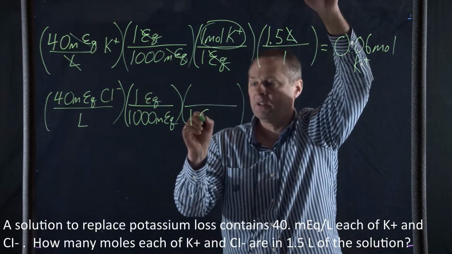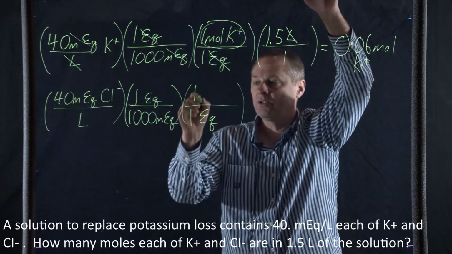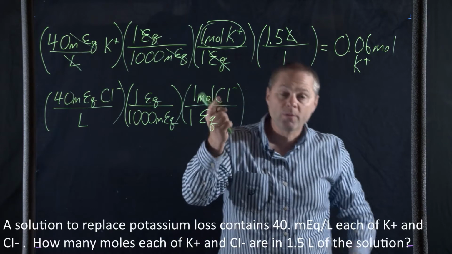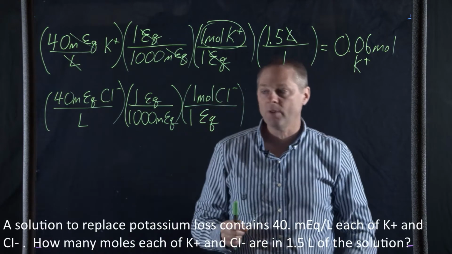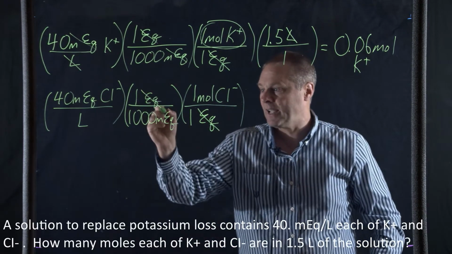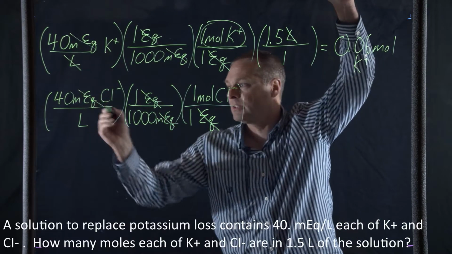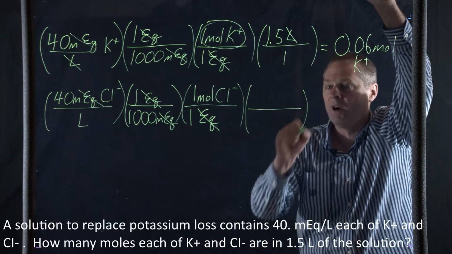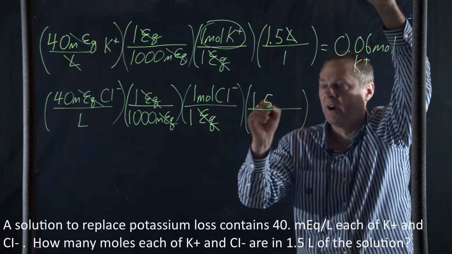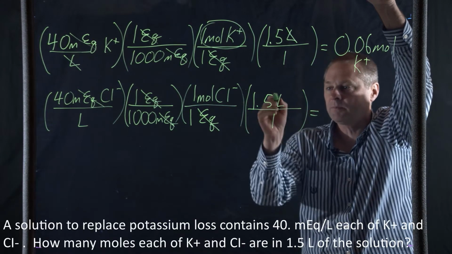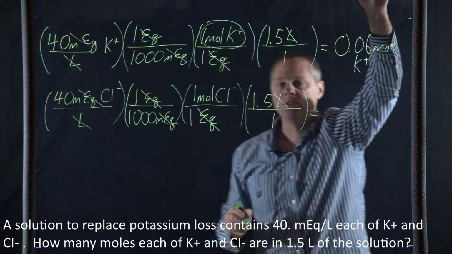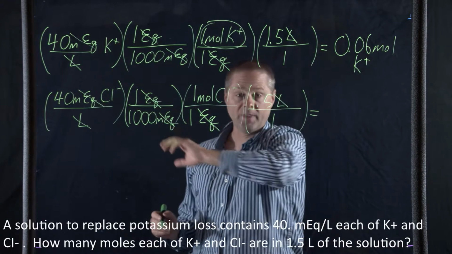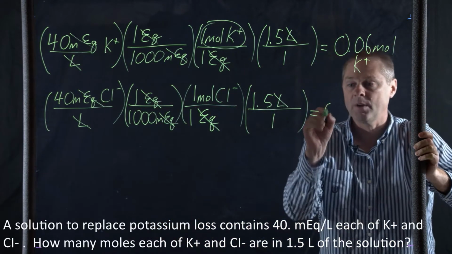And so 1 equivalent is equivalent to 1 mole of chloride. Or you can say 1 mole of chloride is equal to 1 equivalent. So our equivalents cancels, our milliequivalents cancels, however we still have this liter. So if we multiply it by the volume that's given in the problem, 1.5 liters, our liters cancel, and now we will take 40 multiplied by 1.5 divided by 1,000, and we're going to get the exact same number we got over here.